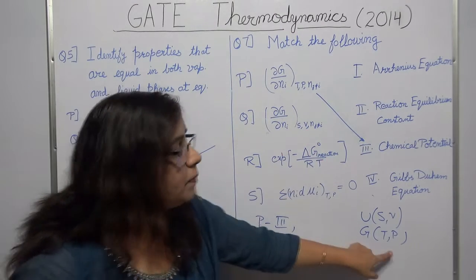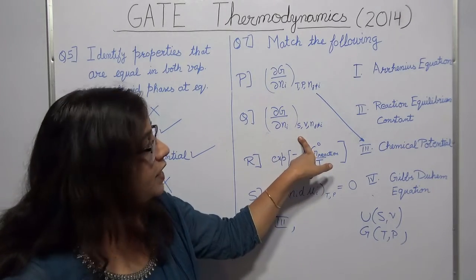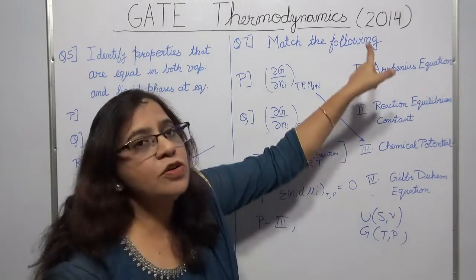You have to keep T and P constant. So this does not make any sense, right? So it will not match with any of these.